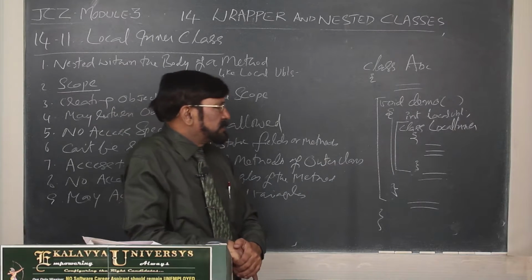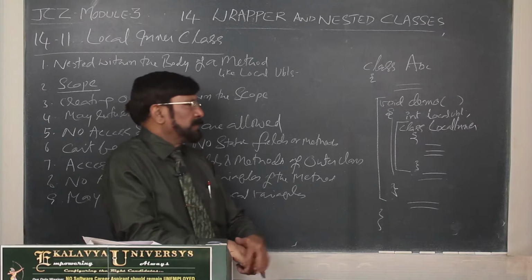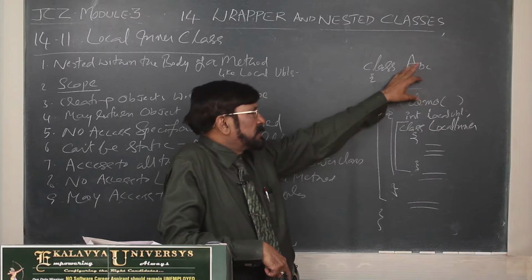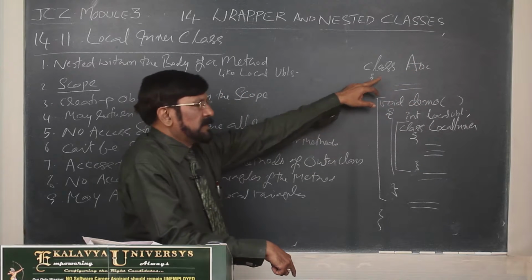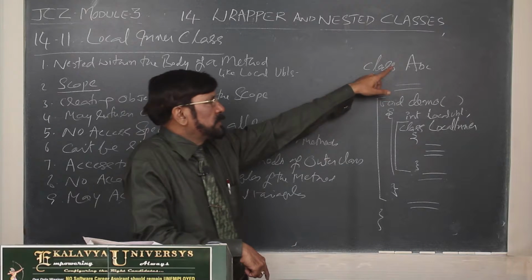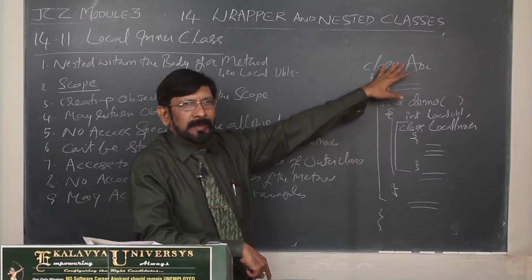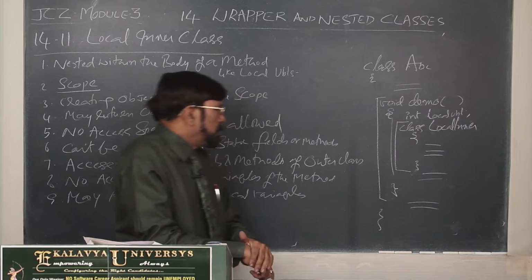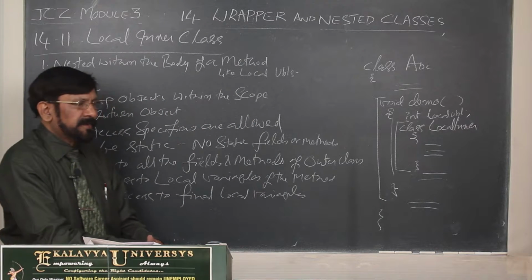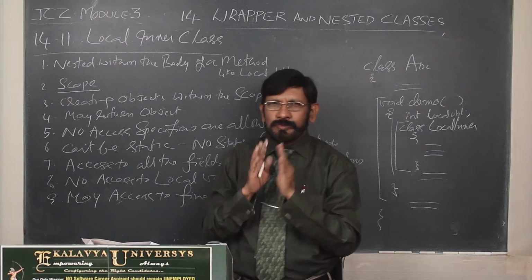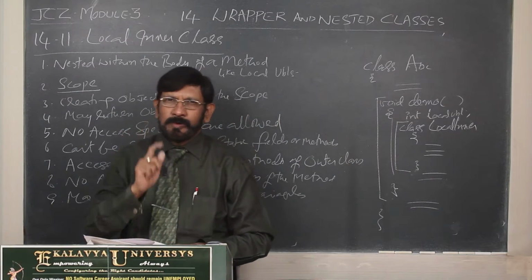And as far as accessibility is concerned, local inner class can access the fields and methods of the enclosing class. Enclosing class, that point you have to remember. And one more thing, some limitations are there for that. For local inner class, you should not use any access modifiers.